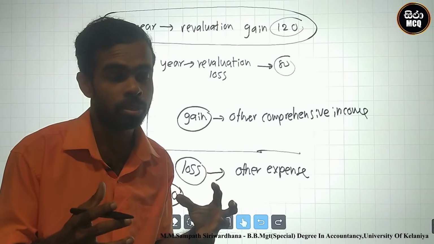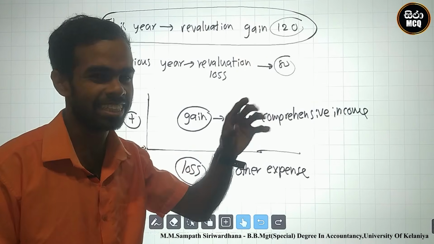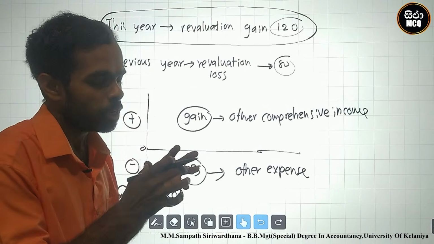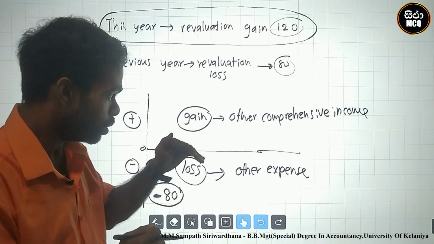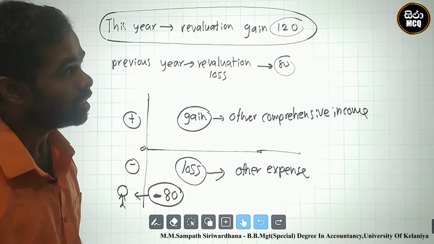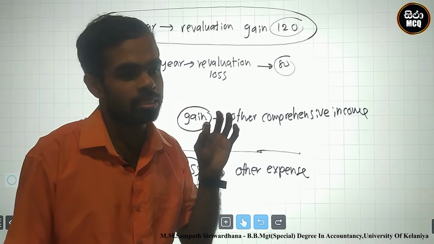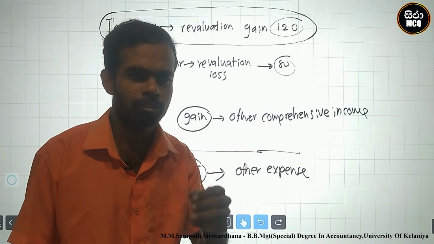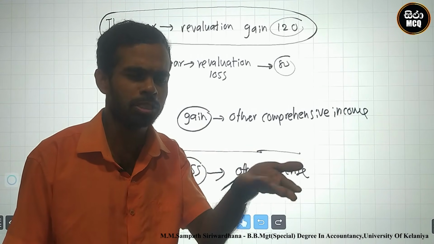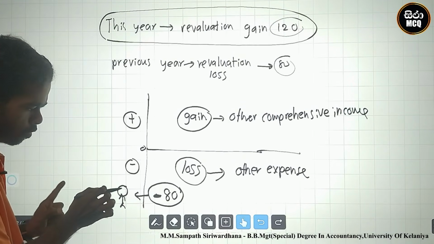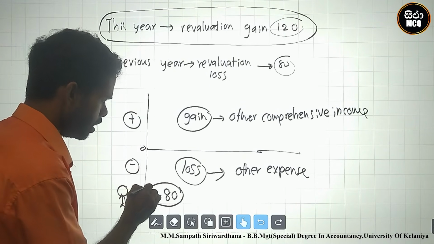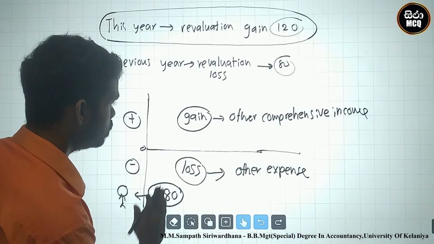You have petrol 120 to run to the other comprehensive income area. Why? This is the gain, which means you have petrol 120. You must go to the gain area, but you must start from this. Firstly, you must go to this area.